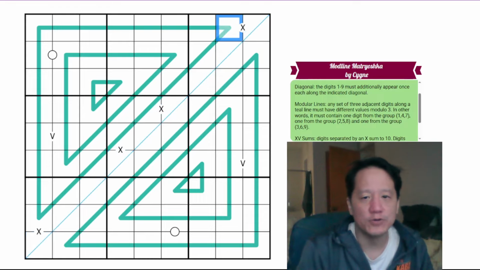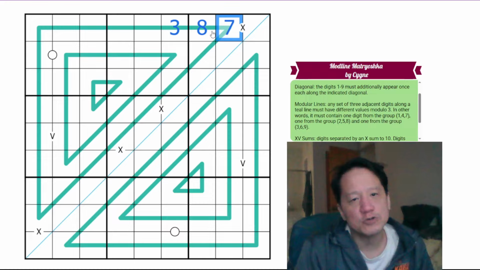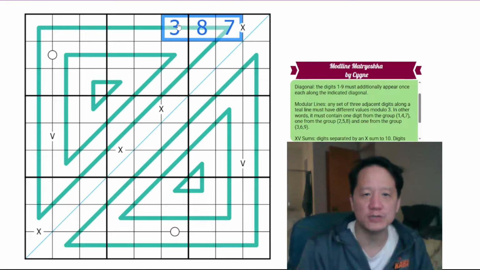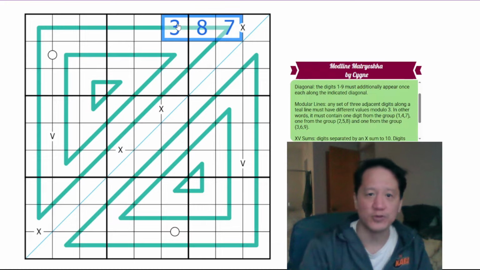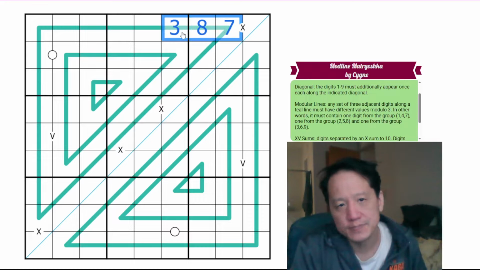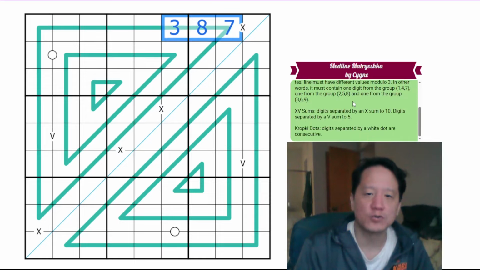So, for example, you could have 7, 8, and 3 here, and this would work for this section of the modular line, because we have one digit which is 0 mod 3, which is a 3, one digit that is 1 mod 3, which is a 7, and one digit that's 2 mod 3, which is the 8. And that's an example of how modular lines work.